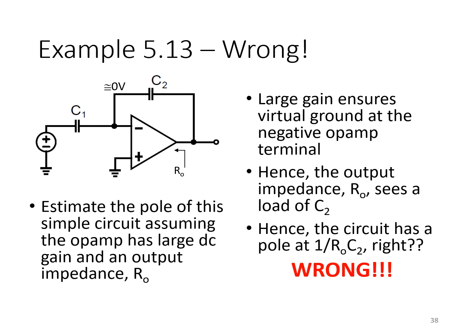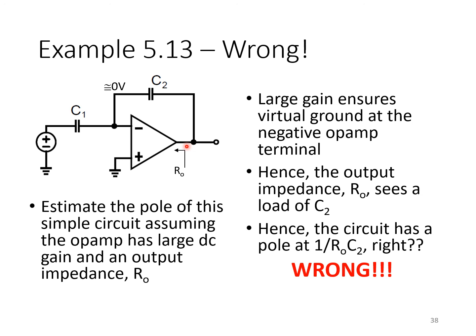One might be tempted to look at the circuit and say, oh okay, well, over here at the negative op-amp terminal, I've got a virtual ground. So therefore, this node here is pretty much at 0 volts all the time. So I've got a simple first order single time constant response at the output, which is the dominant pole of this network.